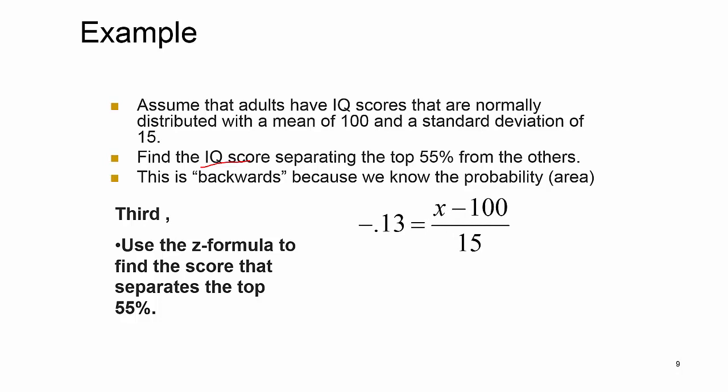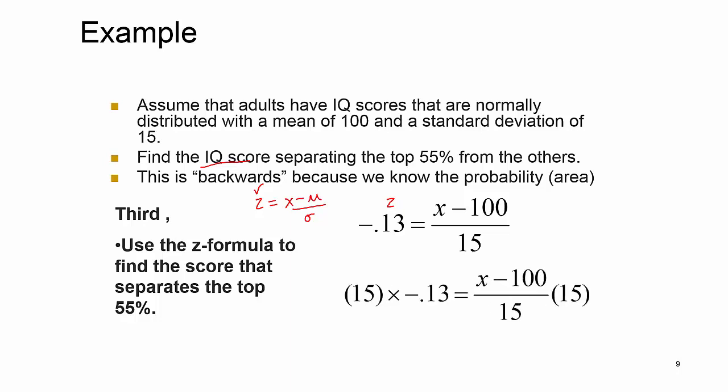Remember that my z-score formula is z equals x minus mu divided by sigma. This time I know z, so that goes on the left side of the equation, negative 0.13. I don't know my score x, so that stays a variable. I subtract the mean and divide by standard deviation. To solve this algebra equation for x, we're going to multiply both sides by the denominator.